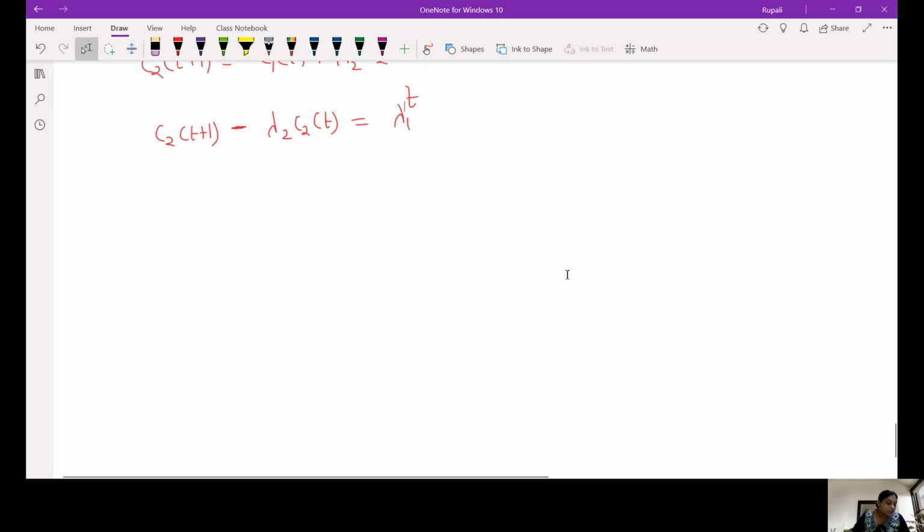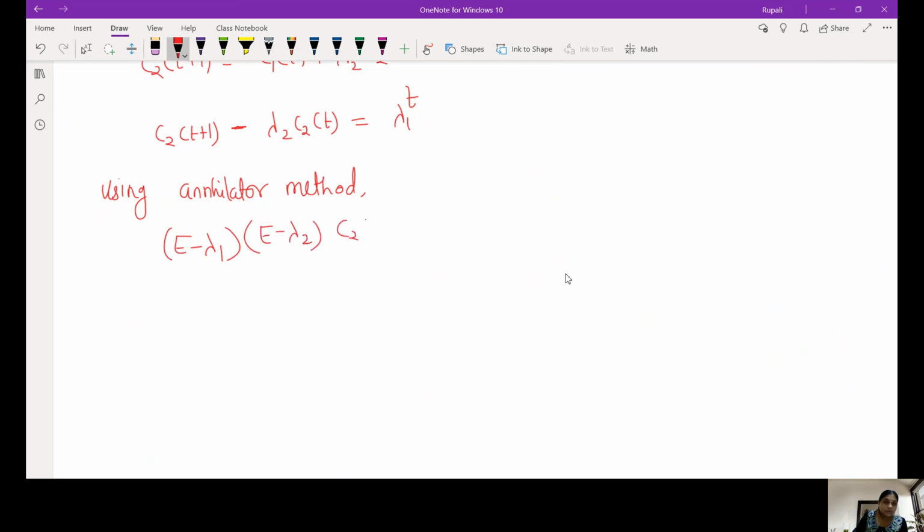So using the annihilator method, we can write (E minus lambda_1)(E minus lambda_2) operated on c_2(t) is equal to 0.